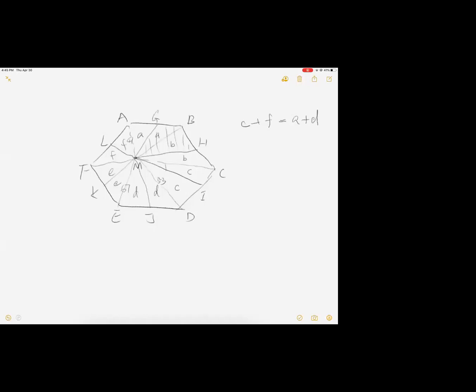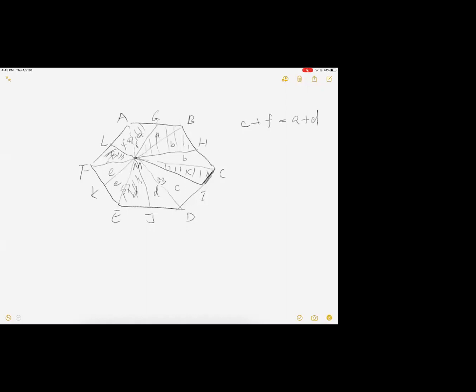You're saying C plus F, this is C, this is F, it's the same as A plus D. Why is that? They're on opposite sides. You can draw the line, and then if it's a regular hexagon, they have one length that's the same.